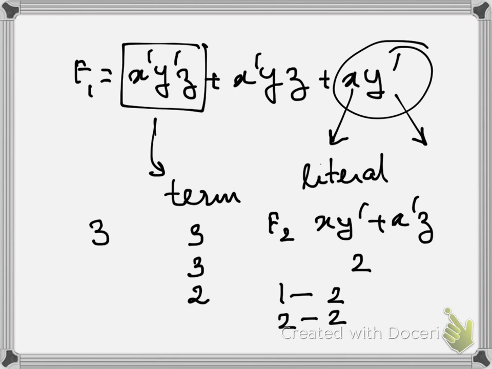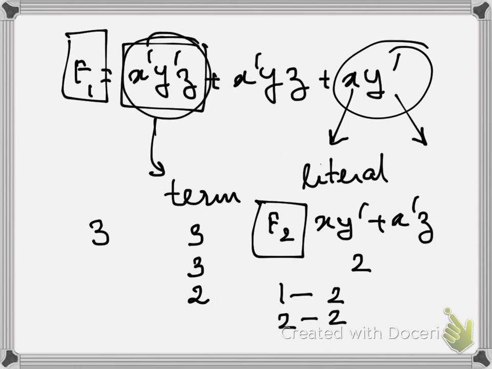So you'll find that f2 is a more efficient representation of the function as compared to f1. Why? Because f1 has more terms. More terms means more computations, and each term takes in more literals, which means even more computations. Here I have to do a complement, then 2 ANDs.